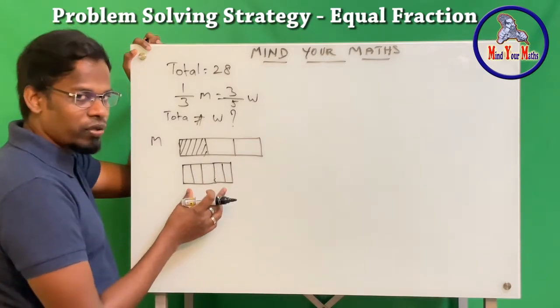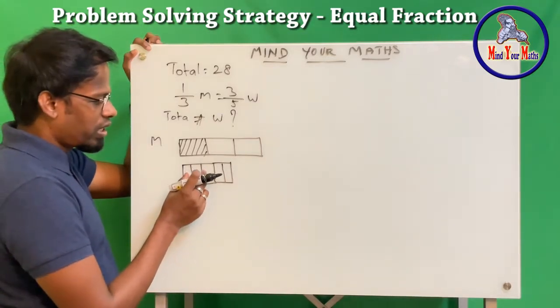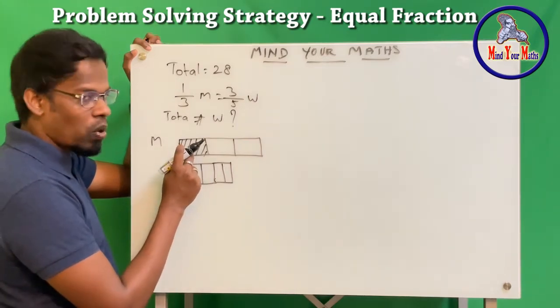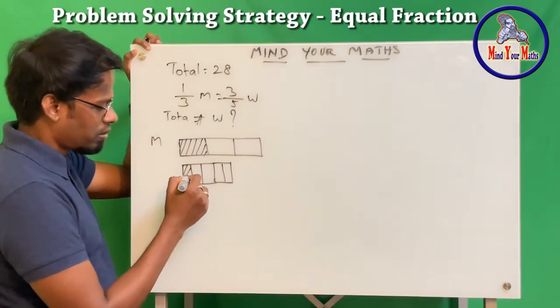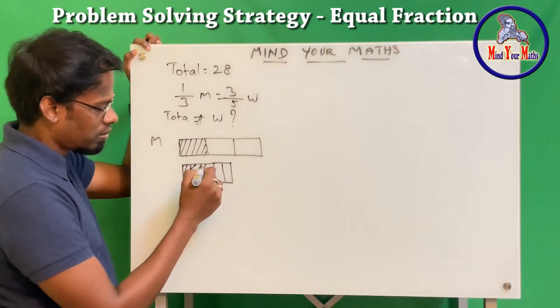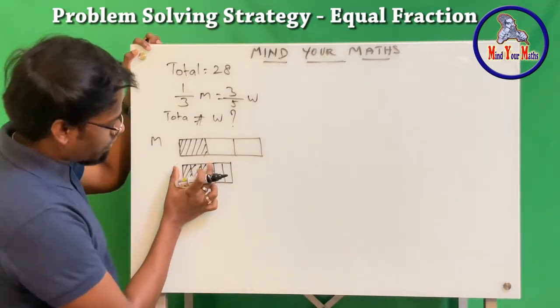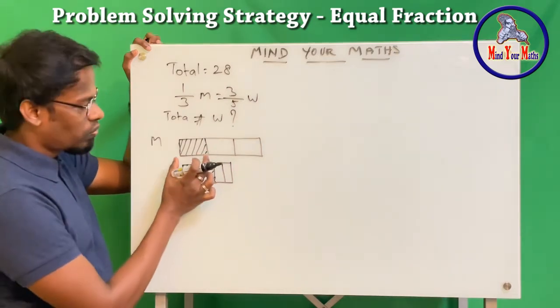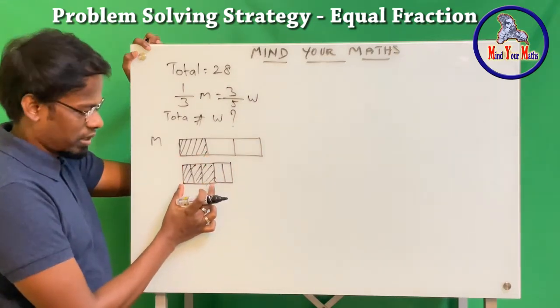In the 5 units of women, these 3 units are equivalent to this 1 unit. That's why we have made the diagram this way. The 1 unit is equal to these 3 units.